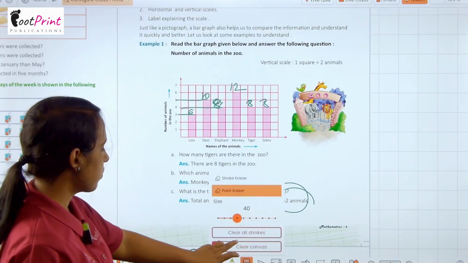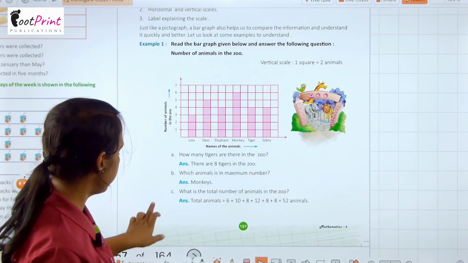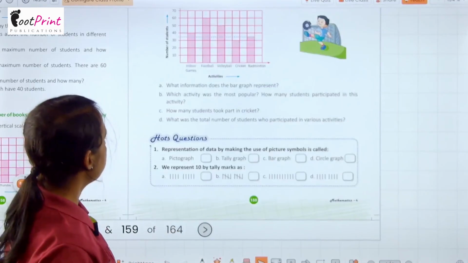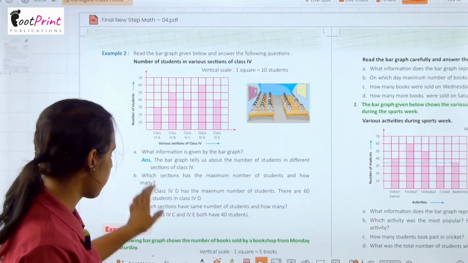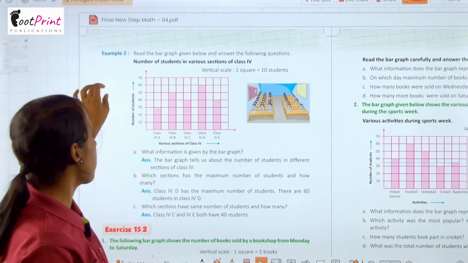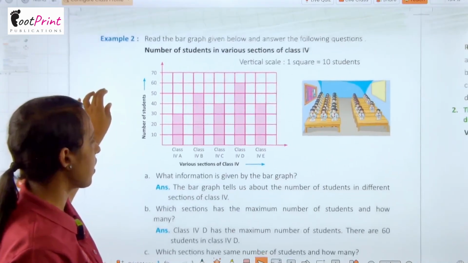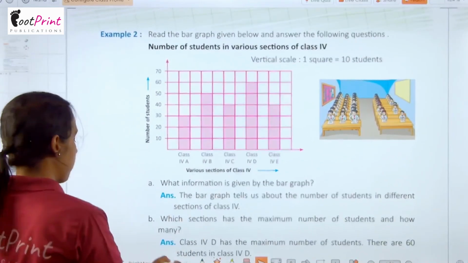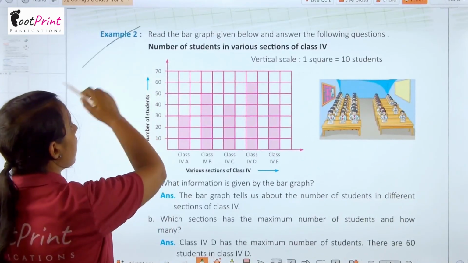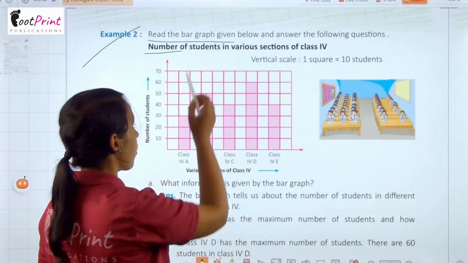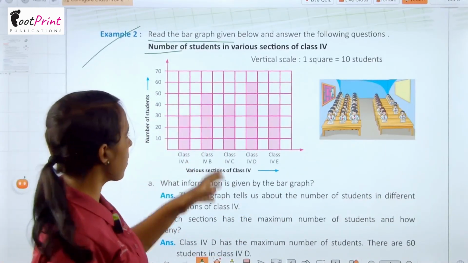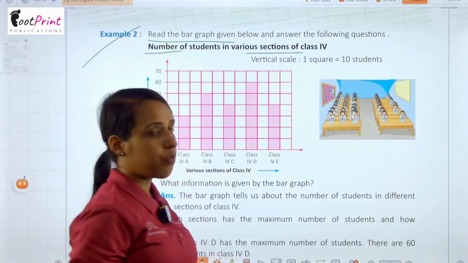Okay, now moving ahead, here we have an exercise on the basis of that. So here we have example number 2 in the same manner. In this also we have a bar graph that is showing the information of the number of students in various sections of class 4th.